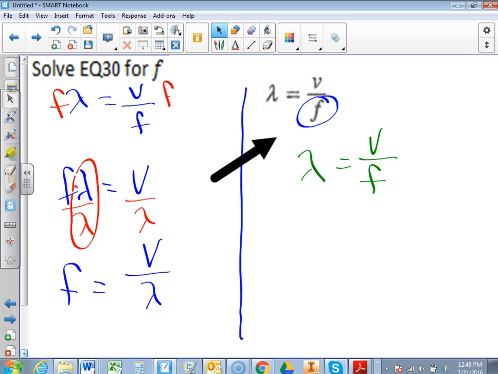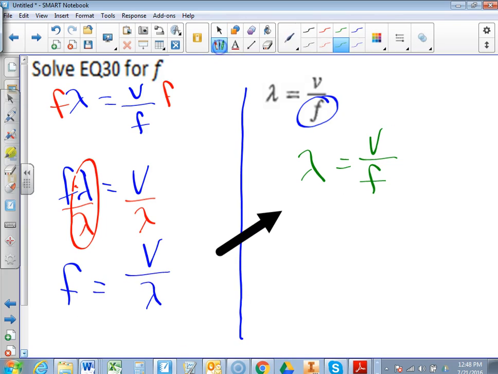The trick here is anytime you're trying to solve for something that's in the denominator, so you have one quantity equals two quantities that are being divided, and you need to solve for this, notice it's perfectly legal to just switch these two, to just switch their places. So I can look at that and go, oh, that's one of those deals where I switch them. So I can go frequency equals v divided by wavelength or lambda, and I'm good to go.